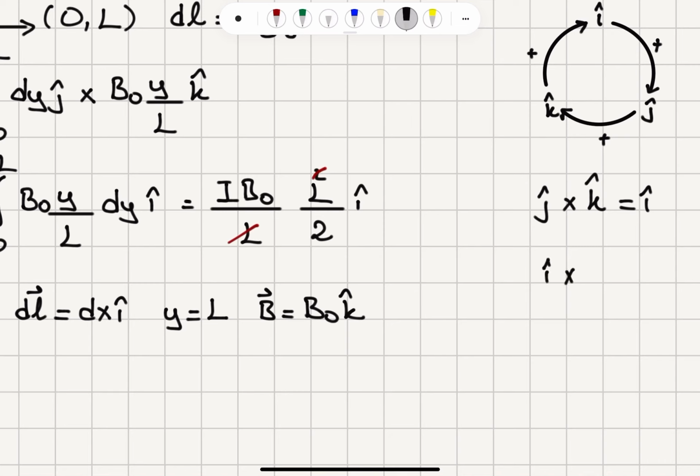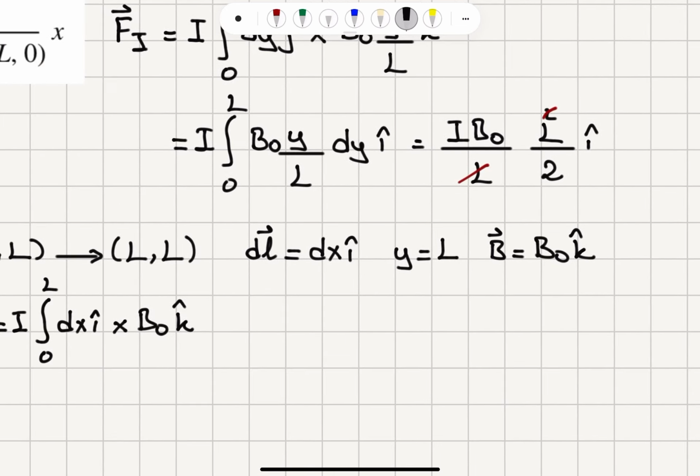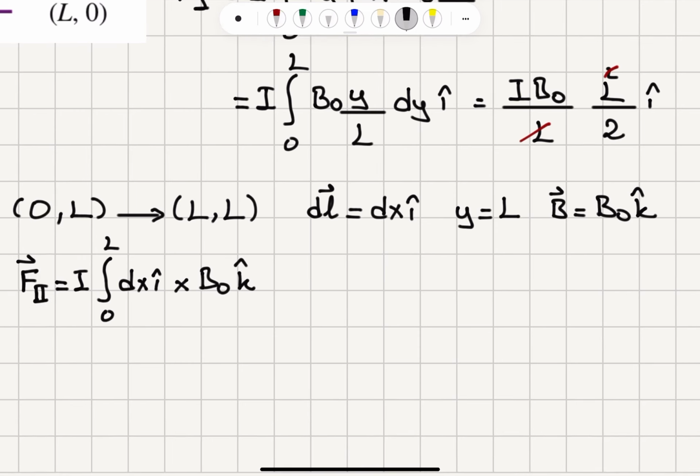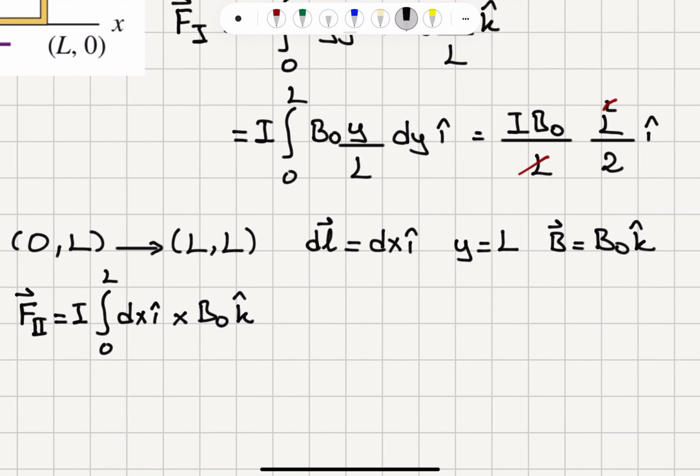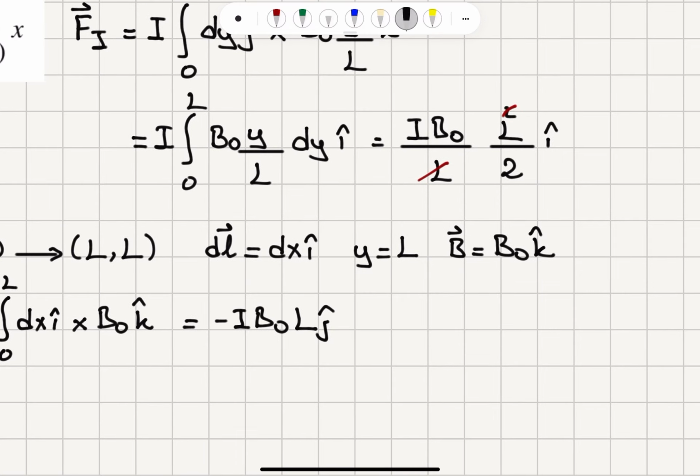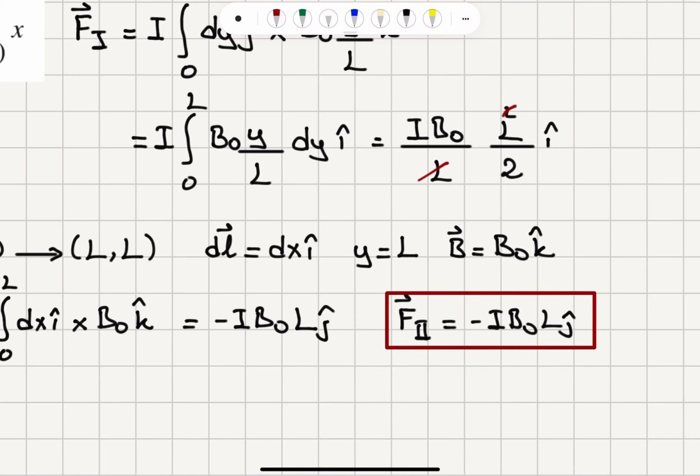So this is going to give me minus I B0 integral of dx, which is x evaluated between 0 and L, it's L. So I can write the force on the second segment as minus I B0 L in the j hat direction. That's my answer for the second segment.